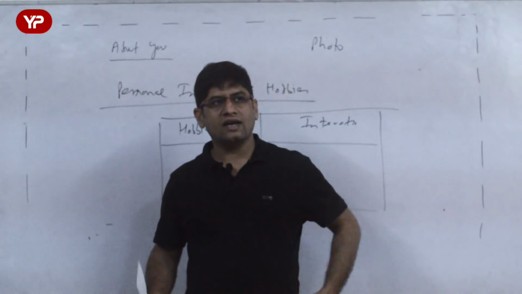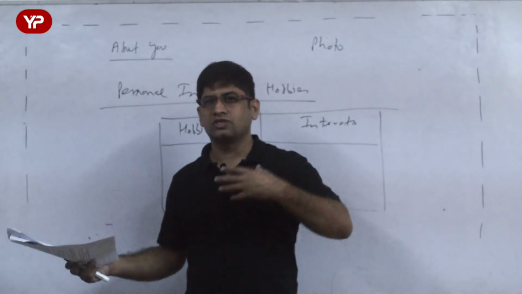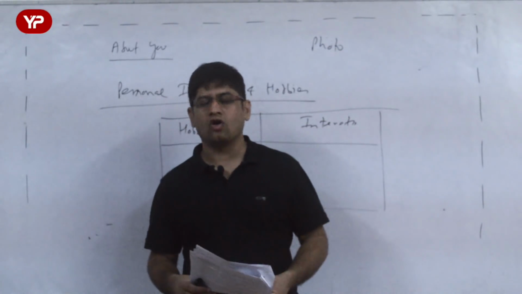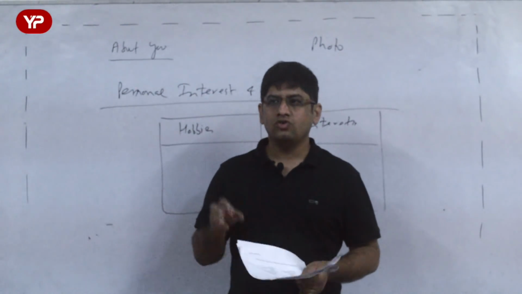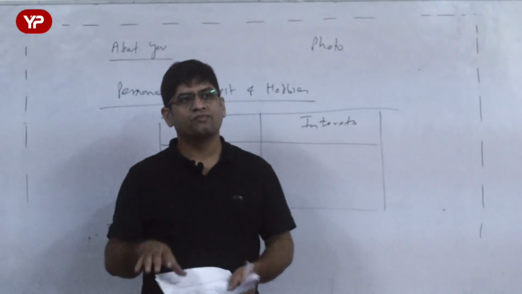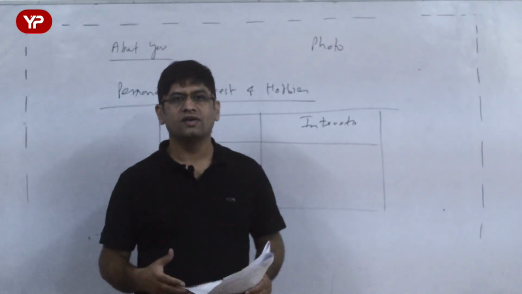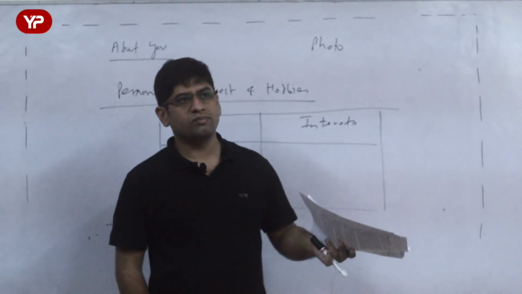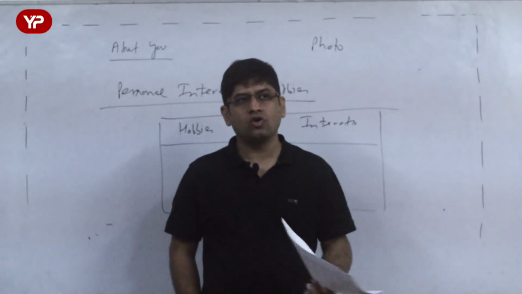They should not be what everybody is saying, listening to music, singing songs or playing cricket. Not very common. Your hobby or interest should be something very precise, something new, something innovative, so that as an interviewer I am motivated to ask you a question from there. For example, if you say watching movies is my hobby, don't say that.